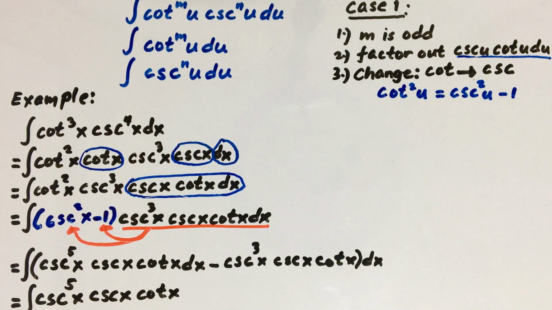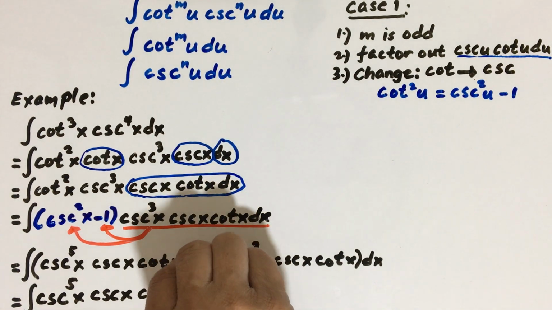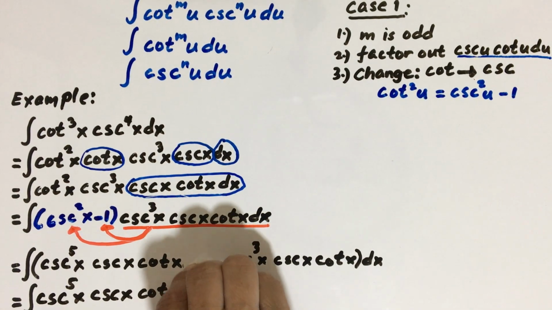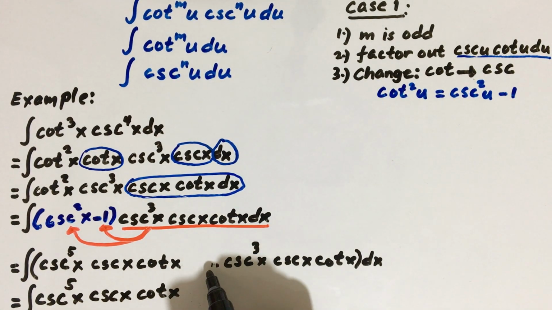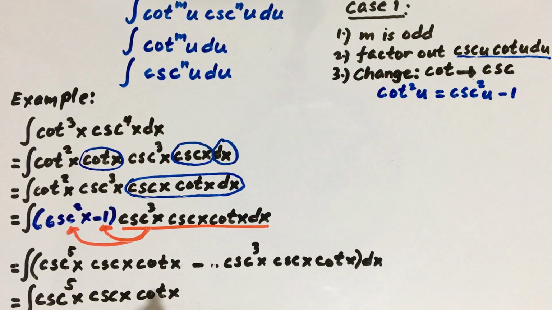Sorry class, it should not have dx yet here, so we have to take this out first because we put the dx outside the parentheses. It means the whole thing here should be multiplied by dx later on.